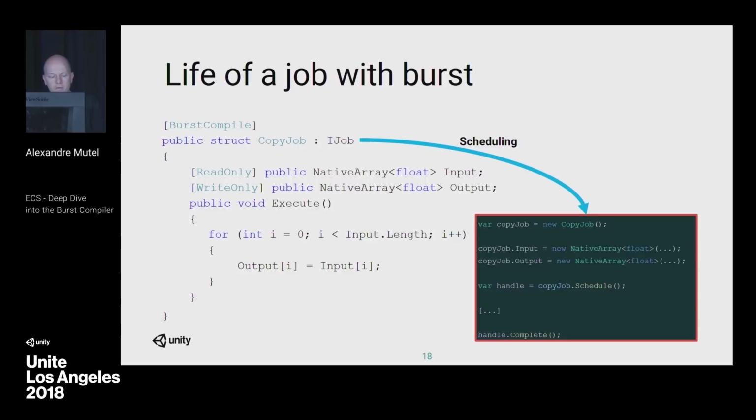I would like to go through the life of a job in Burst, because that's your main entry point when you are going to use Burst in Unity. The first thing is that you usually declare your job that inherits from one of the IJob interfaces, and you have to specify the BurstCompile attribute. You can put your arguments, your input and output native arrays that are going to be used by the job, and then you implement your method, and you are going to schedule it.